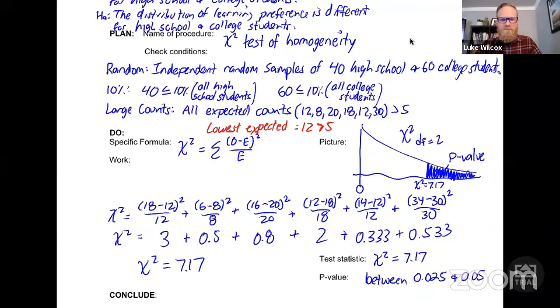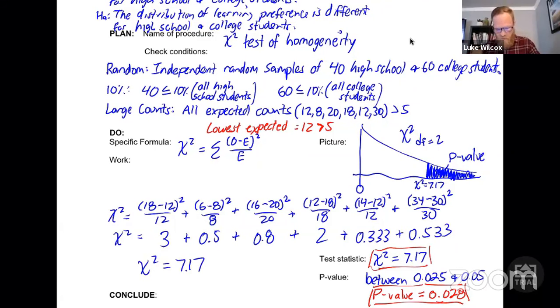So let's go ahead and jump back to the activity and let's put in this specific p-value that we just calculated, because I like that a lot better than the p-value that we get from table C. So I'm going to write in here that my actual p-value that we calculated from technology is equal to 0.028. And then I do try to get my students in the habit of putting a box around the p-value and putting a box around the test statistic. Those are 2 very important calculations that we need.